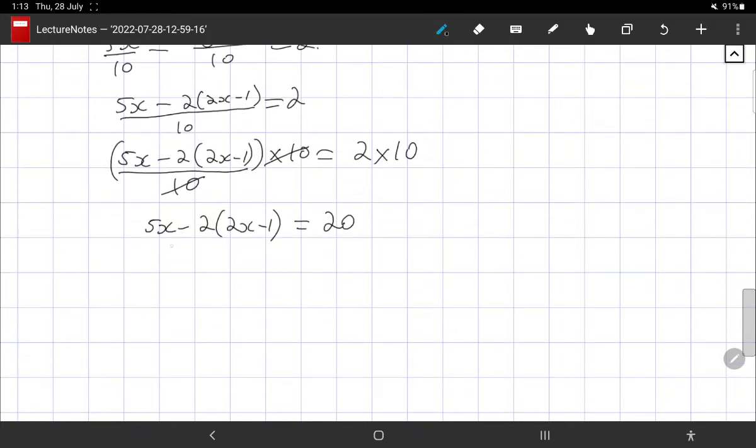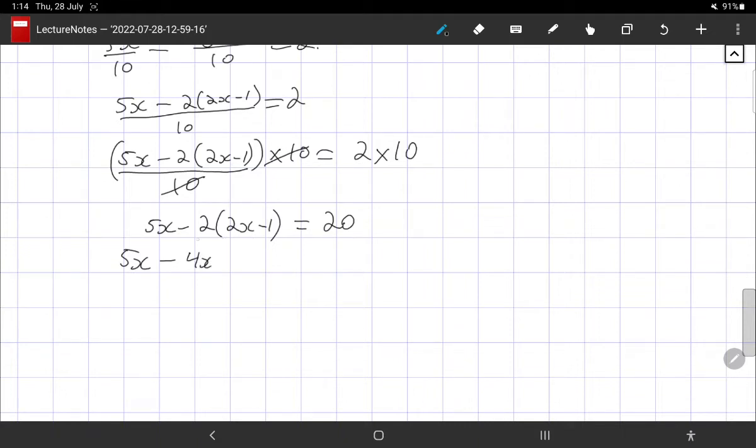Okay, now we have two x values. This is interesting, we'll touch on that in a bit. Let's expand this first. 5x, take 2 times 2x. If I have two lots of 2x, I now have 4 x's.